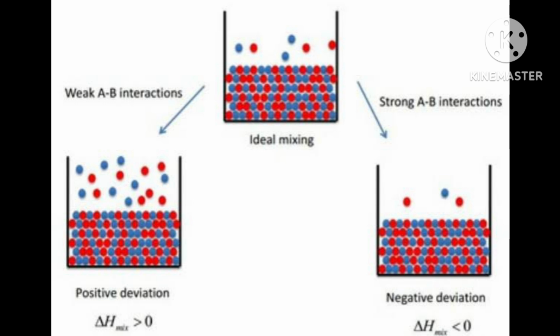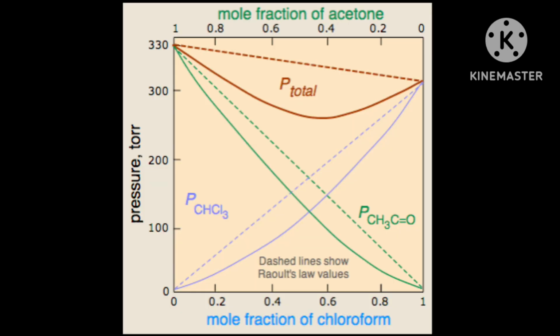Means if you are mixing two components, solute and solvent, and both are liquid, then after mixing the temperature of the solution should not rise. Means delta H should be 0. Delta H is equal to 0.